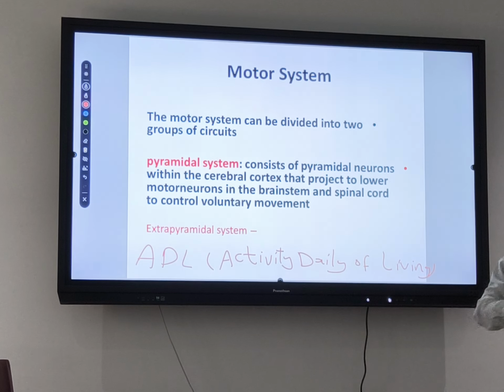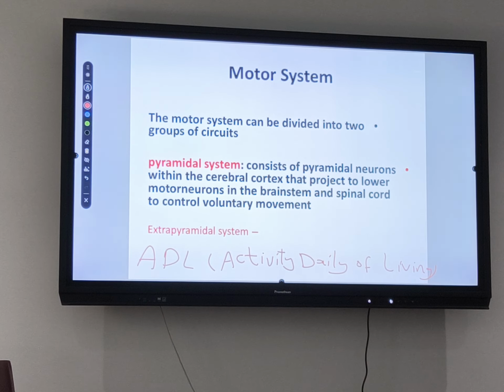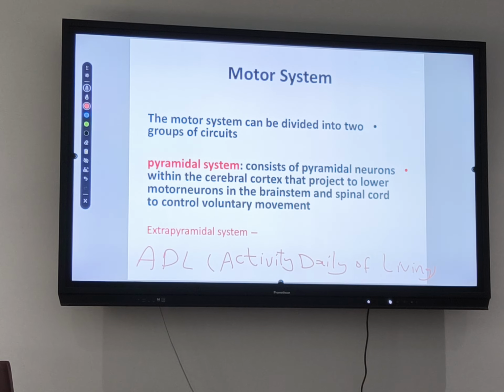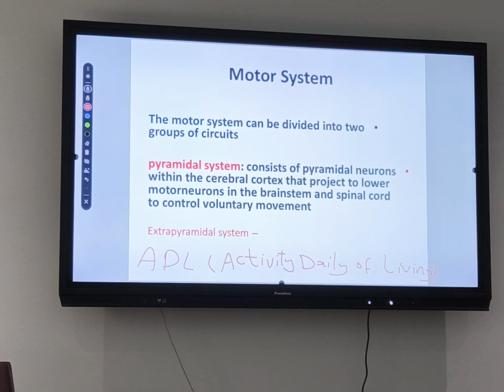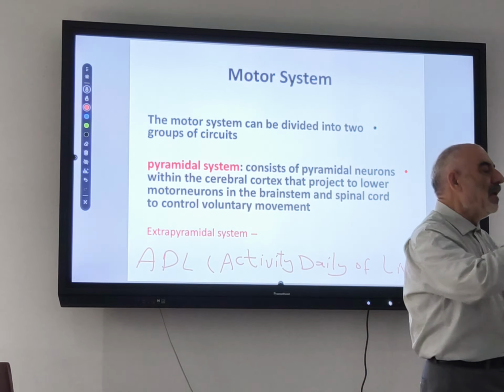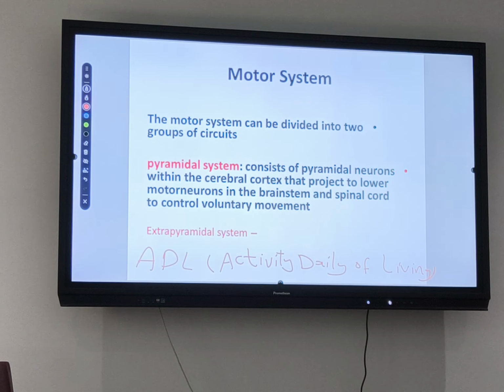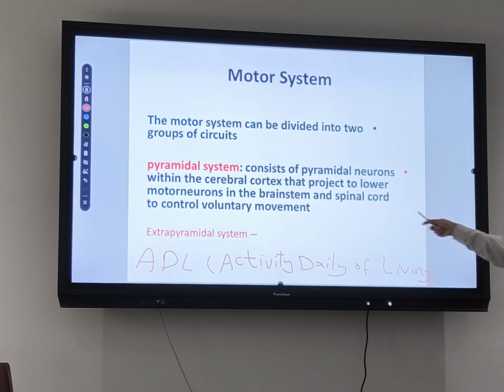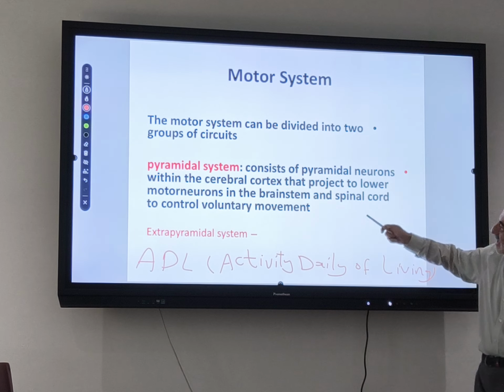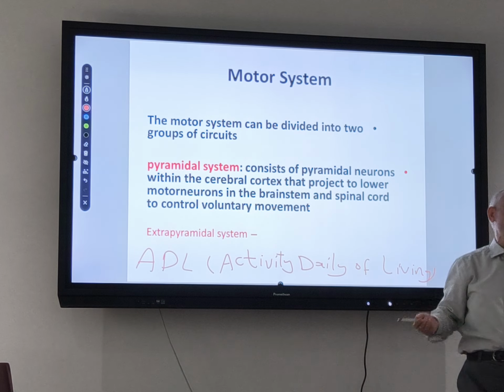When you stir the coffee, for example, listen to me, if you have no pyramidal system, you cannot do this. This is an example. To stir, for example, a cup of coffee or sugar inside a cup of tea or coffee, you need this order to come from the cortical pyramidal system, and then through the brain stem and the spinal cord, to control voluntary movement.